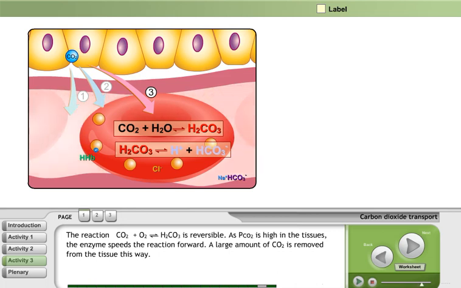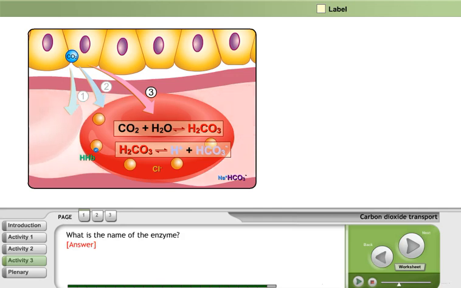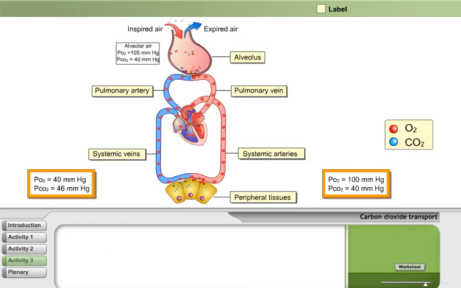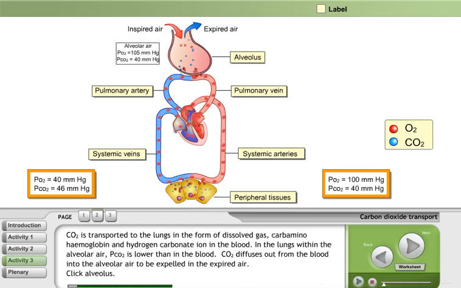A large amount of carbon dioxide is removed from the tissue this way. What is the name of the enzyme? Answer: carbonic anhydrase. Carbon dioxide is transported to the lungs in the form of dissolved gas, carbaminohemoglobin, and hydrogen carbonate ion in the blood.